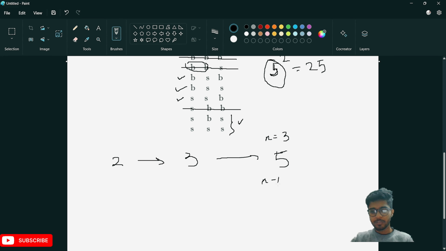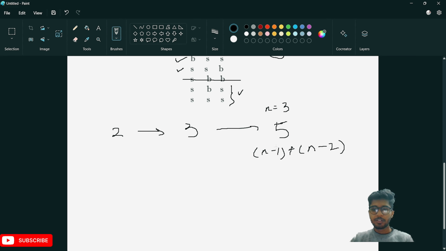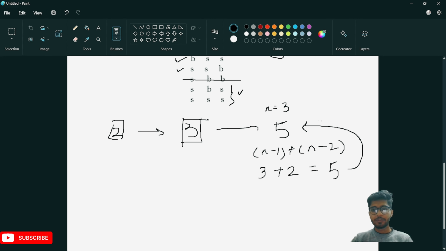So n minus 1 plus n minus 2. So n is 3, n minus 1 is 2. The possible ways of construction at n equals to 2, when the plots were 2, was 3. And for n minus 2, that is when the number of plots was 1, the possible ways of construction were 2. So we will add those and we will get 5, the number of possible ways when the number of plots given is 3.